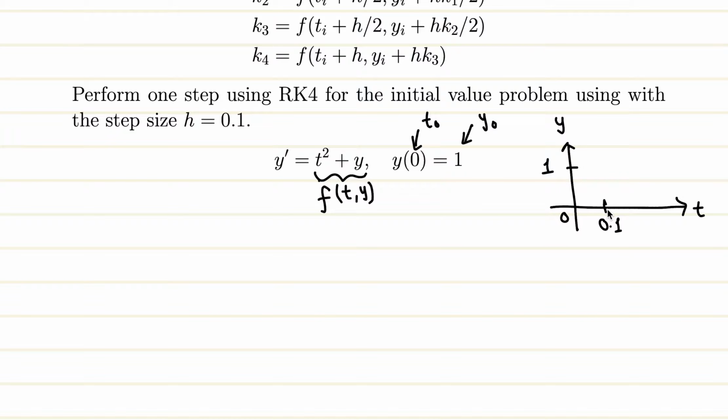So we would like to determine the y value at 0.1. So basically the question is asking, what is this? y at 0 is 1, that's given. That's t0, y0. Based on this one, we want to find the y value somewhere. Okay, what is the y value?